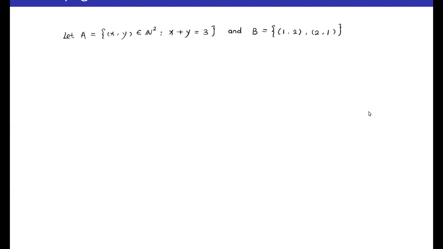Right, and I want you to prove that A equals B. I think this question is quite similar to your problem set question. So let's try this out.